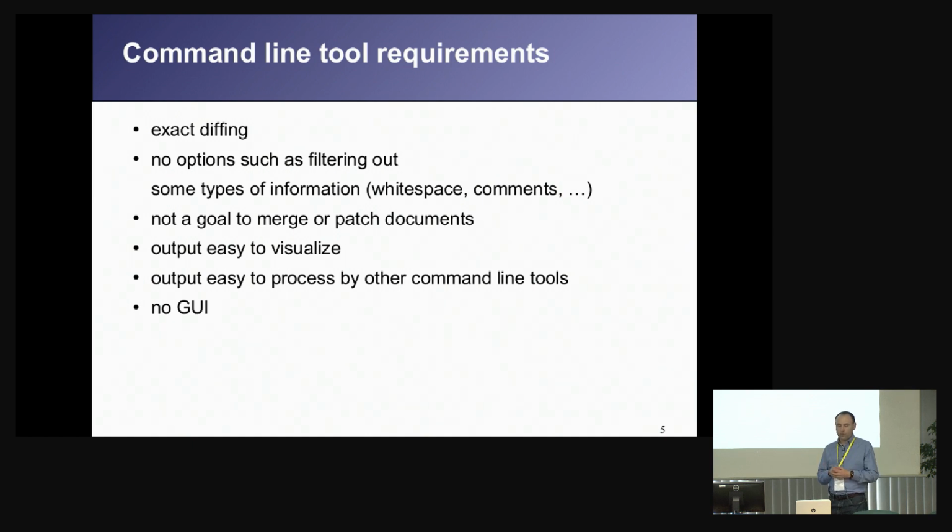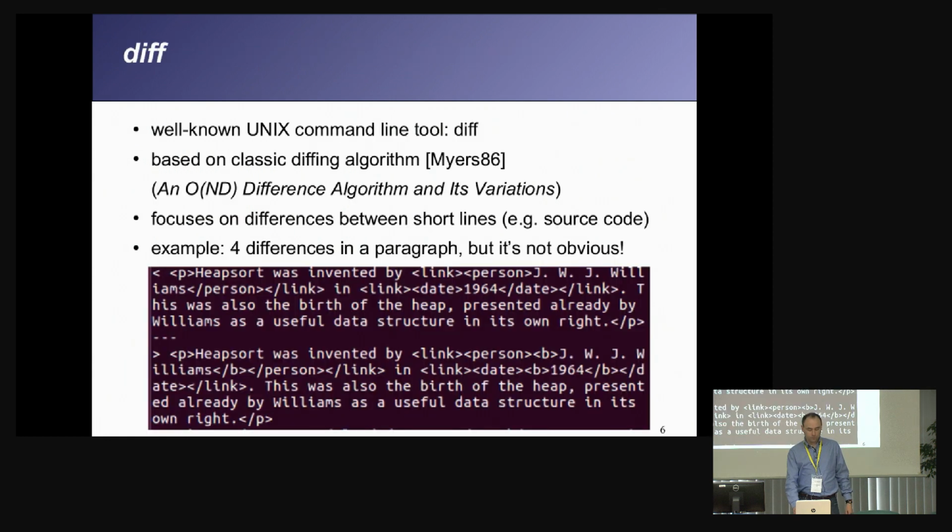We don't need options such as filtering out some types of information like white space, comments, etc. It's not a goal for us to merge or to patch documents, as do many diffing tools. But it's very important that the output is easy to visualize and to process by other command line tools, such as grep or Perl. And we don't need a graphical user interface.